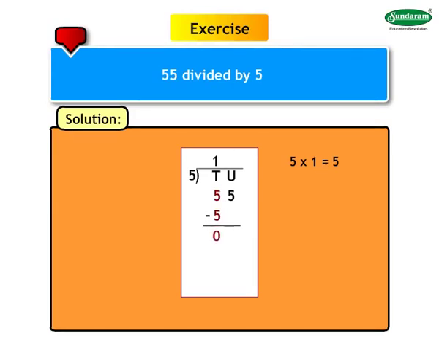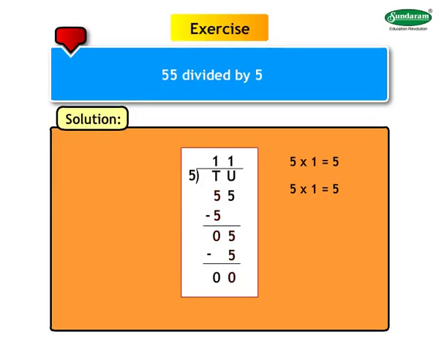Further, bring 5 units down and write it in front of 0. Again, 5 ones are 5. So, write 1 in the units place of the quotient and the product 5 below 5. Again, we get 5 minus 5 is equal to 0.